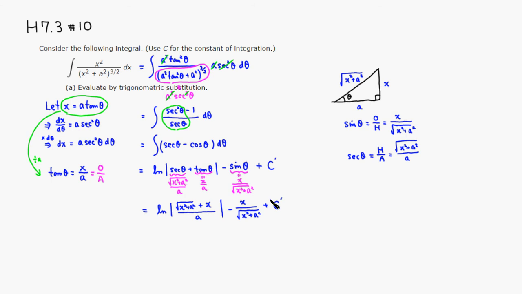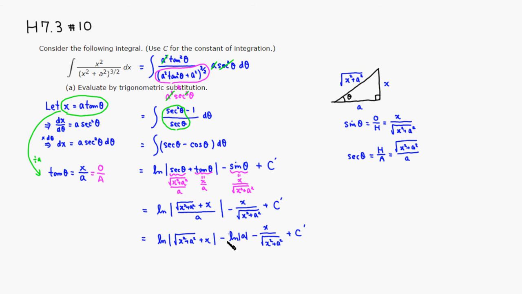One last thing we can do: since you have a division here, we can split it as the natural log of the absolute value of the square root of x squared plus a squared plus x, minus the natural log of a, minus x over the square root of x squared plus a squared, plus c prime.